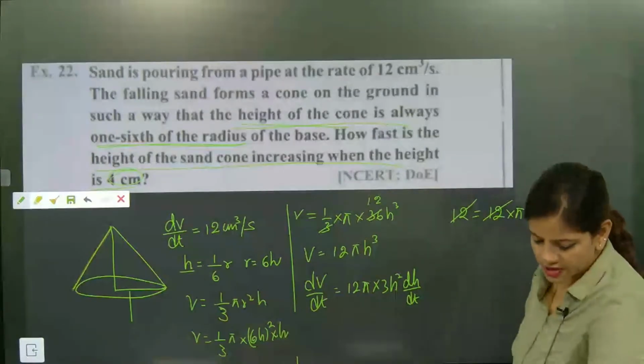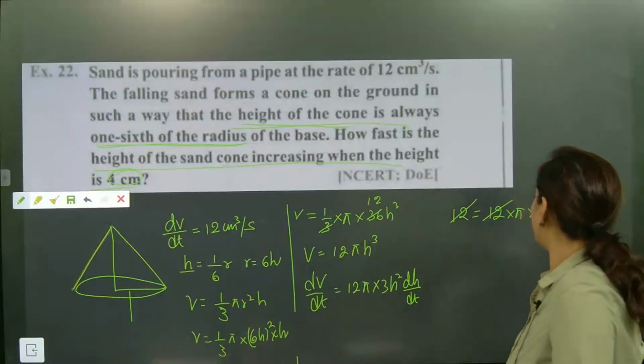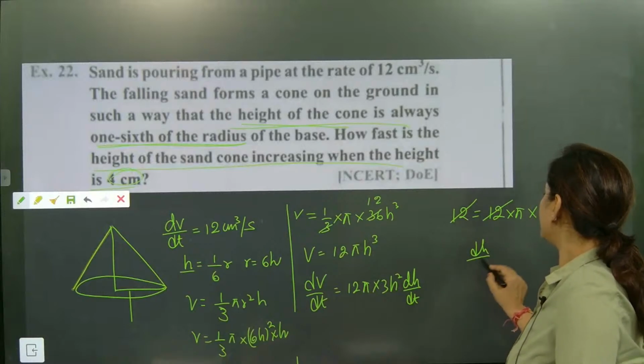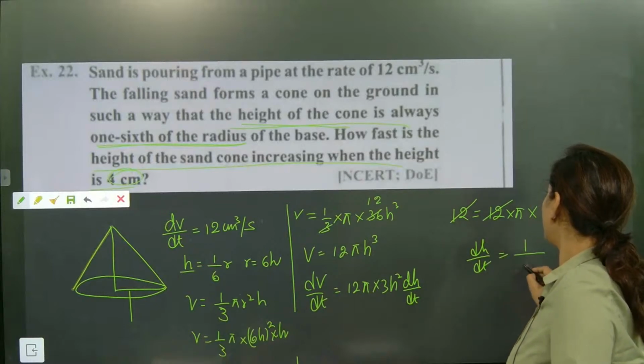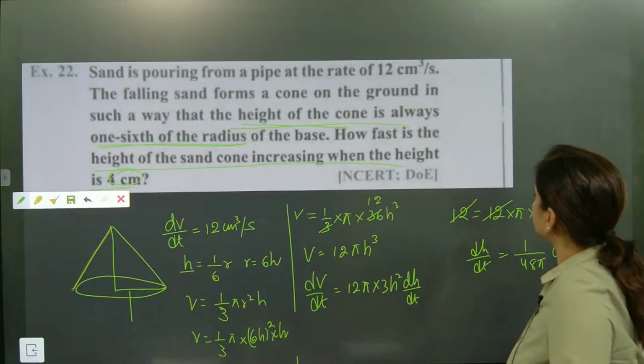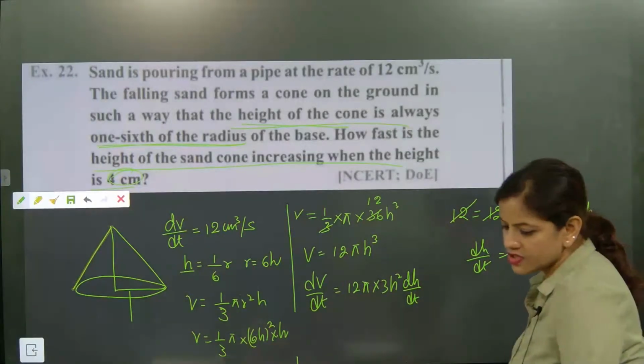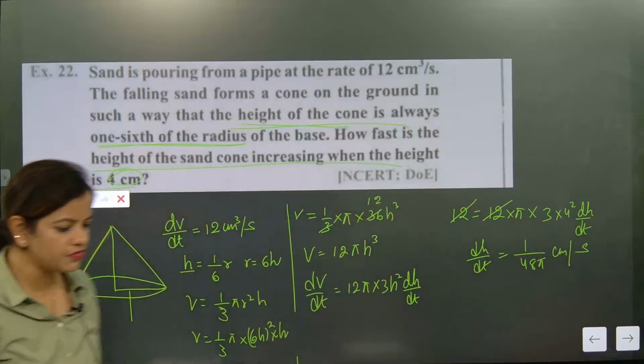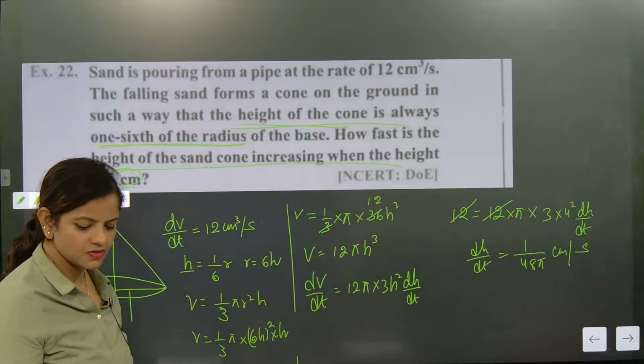I hope we got the answer. dh by dt, everything is coming in pi format. 4 into 4 is 16, 3 16s are 48. So dh by dt is equal to 1 by 48 pi centimeter per second. This is rate of change of height, centimeter per second. Yes. So this is one type of question which we must solve.